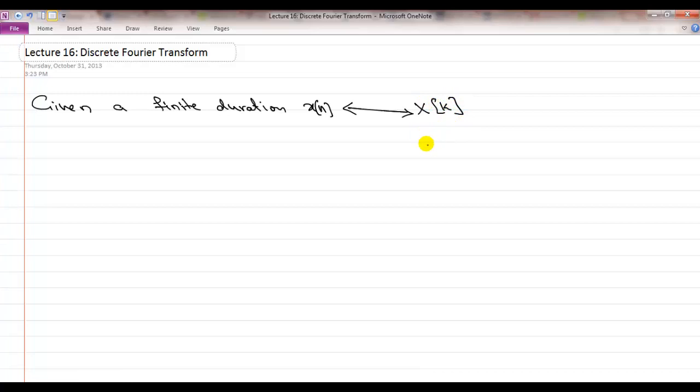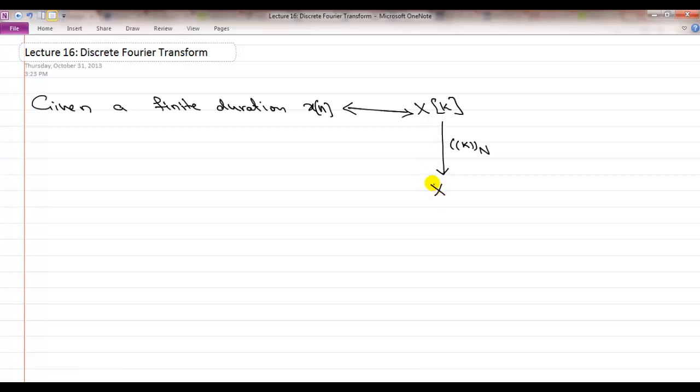But the operational meaning of this discrete Fourier transform goes like this. These discrete Fourier transform coefficients actually correspond to discrete Fourier series coefficients, which are given by just periodic repetition of your discrete Fourier transform.